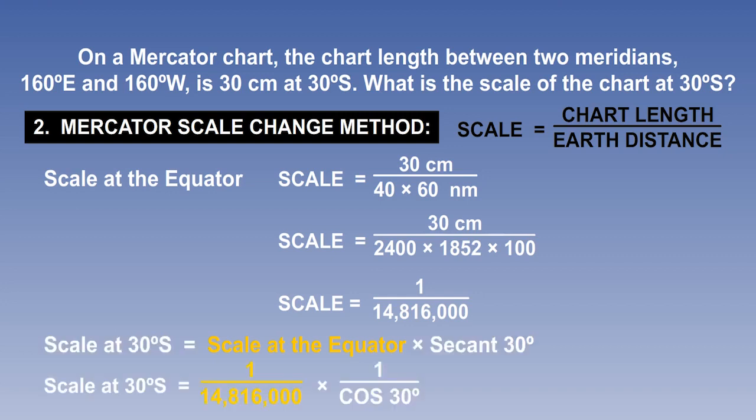Substitute the scale at the equator, which we have just found, and write the secant as 1 over cos, and again we get the answer 1 to 12,831,032, about 1 to 12.8 million, just as before.